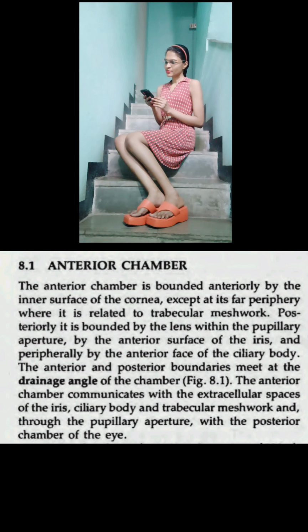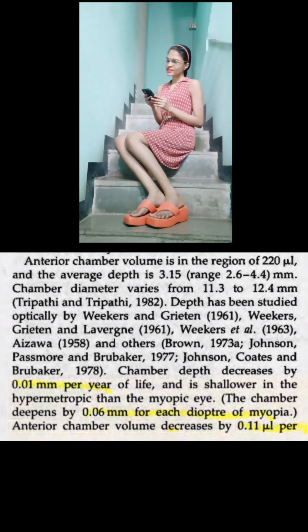The anterior chamber communicates with the extracellular spaces of the iris, ciliary body, and trabecular meshwork, and through the pupillary aperture with the posterior chamber of the eye. Anterior chamber volume is in the region of 220 microliters and the average depth is 3.15 mm, with a range of around 2.6 to 4.4 mm.